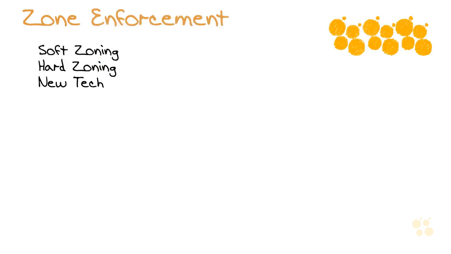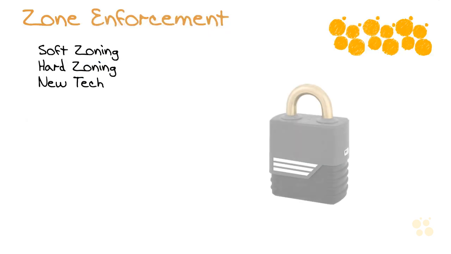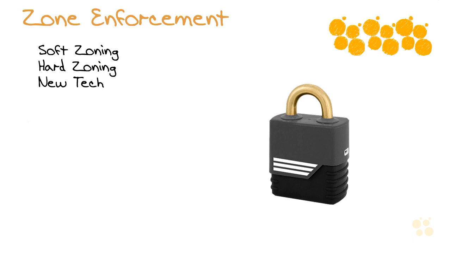Now, I'm sure you remember there are two ways in which to enforce zoning. There's soft zoning, short for software-based zoning, and hardware-based zoning, often known as hard zoning. Hard zoning is enforced through access control lists that the switch port ASIC applies to every fiber channel frame that it switches.